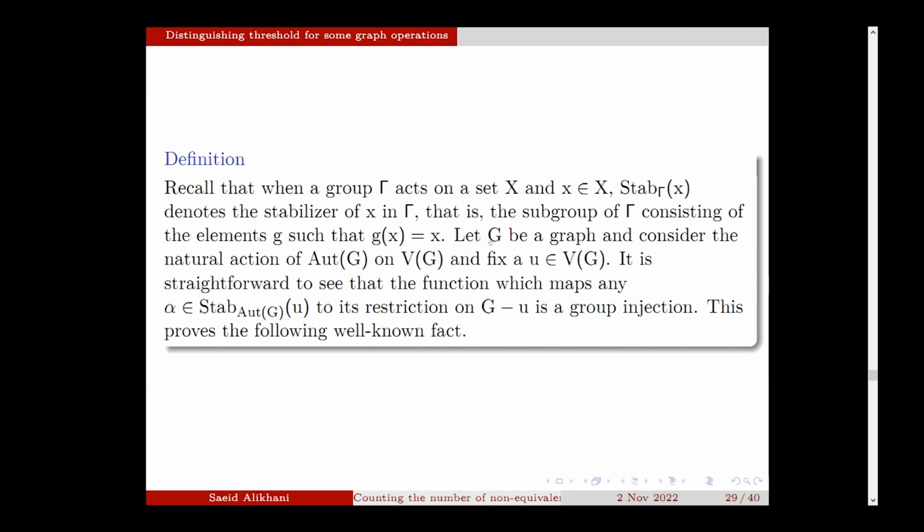And if G is a graph, consider the natural action of the automorphism group on the vertices of G and fix a vertex U. It is easy to see that the function which maps any alpha in the stabilizer of U in the automorphism group of G to its restriction on G minus U is a group injection.